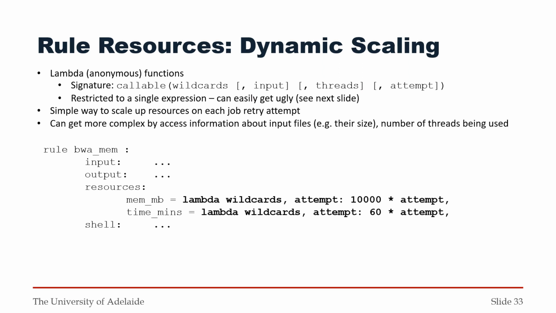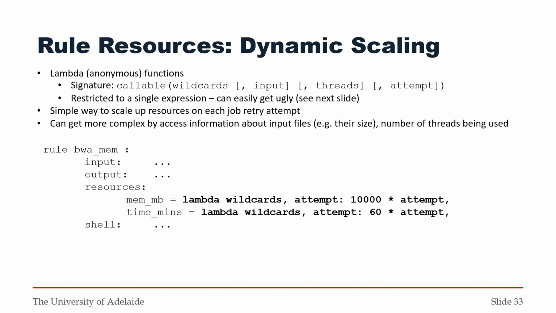So this is how that would look. Here we've got this lambda function with the wildcards that's required, and we're also wanting to access this attempt variable. For the memory here, we've got 10 gigabytes or 10,000 megabytes of RAM, and this will simply be multiplied by the attempt number.